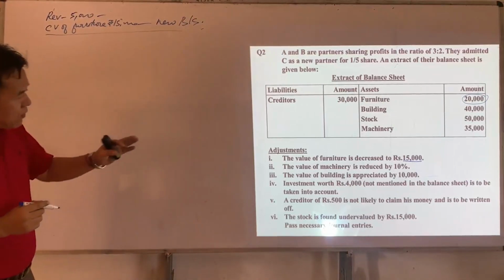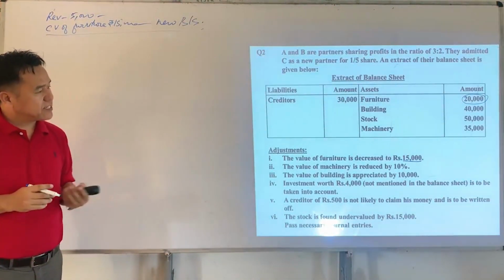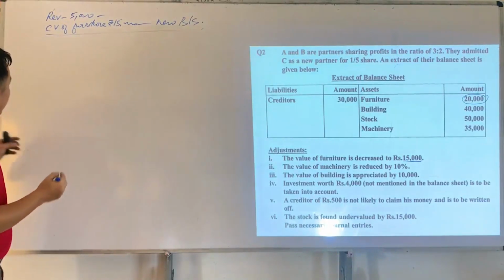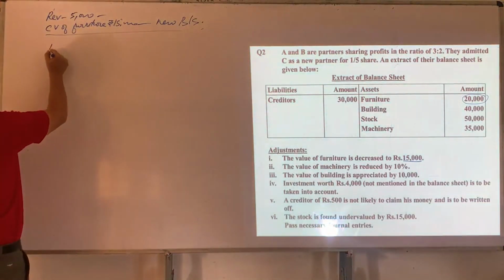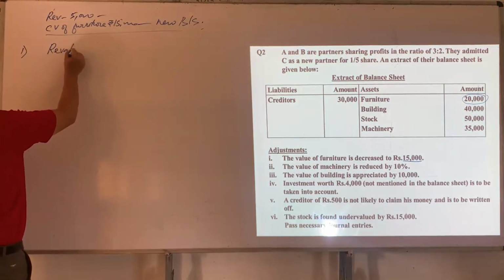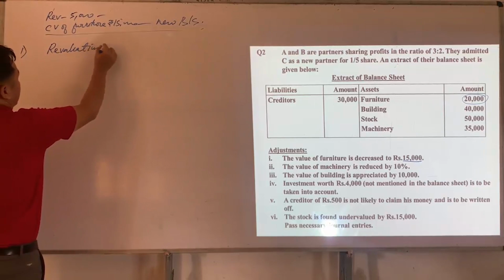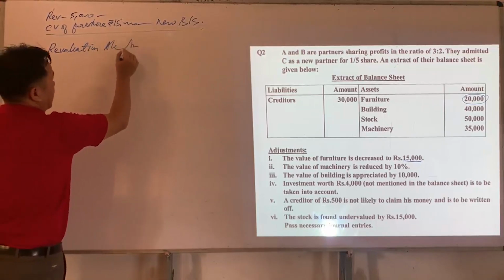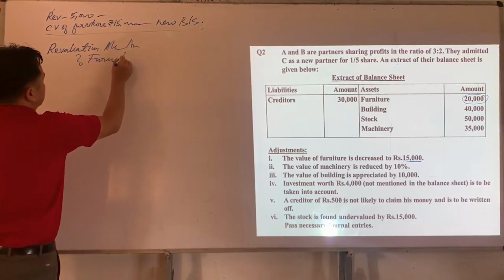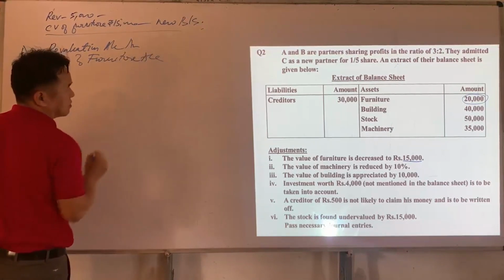Now, if the value of furniture is decreased by rupees 5,000, what is the journal entry? The journal entry is Revaluation account DR to furniture account.